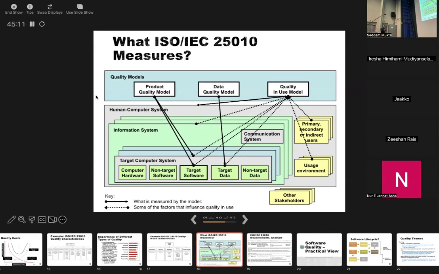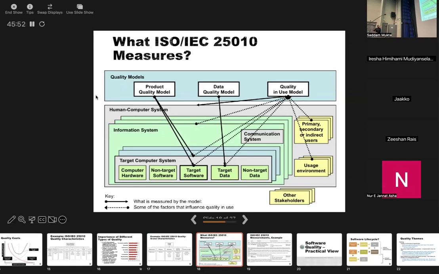And above that, we have the human computer system, because in that part the user and the machines are used at the same time, and other parties that the user is using are also affected. You can see that there are two types of line: one is a dotted line, the other is a straight black line. You can see what is measured by the model when it is a solid line.